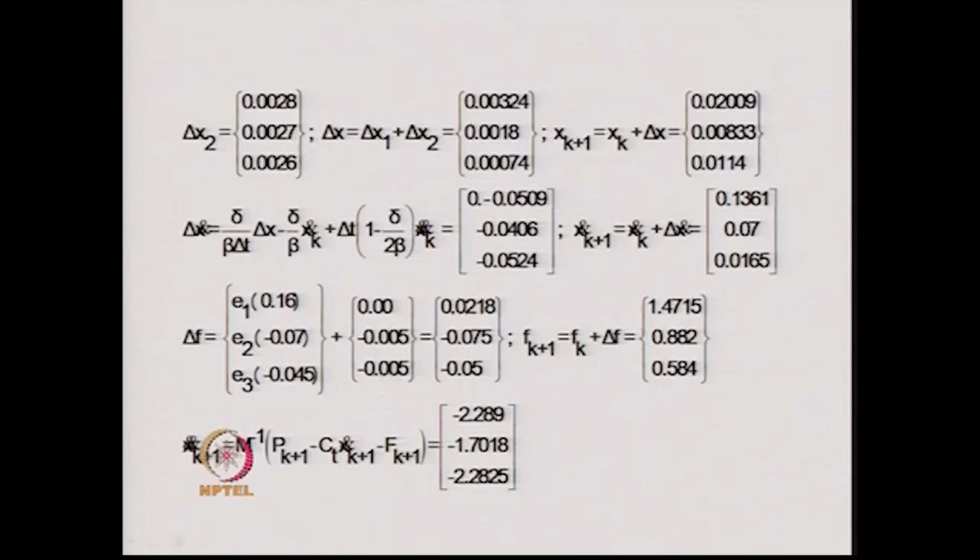So, you use the equation of motion at the k plus 1th station to find out the values of the acceleration vector. That is what we discussed, because if we find out the acceleration by satisfying the equilibrium equation, then the error that is introduced into the calculation is compensated, and as a result there is no growth of error as the computation is carried over the time steps.